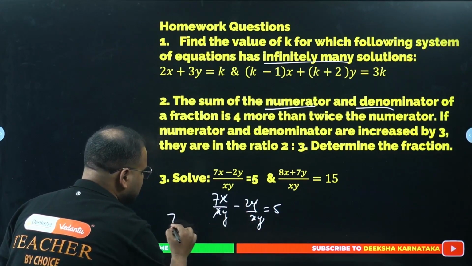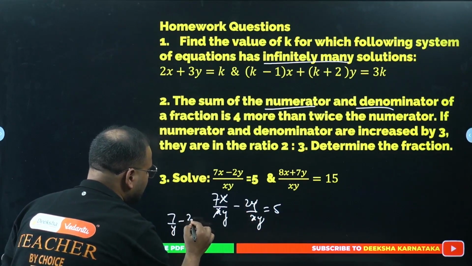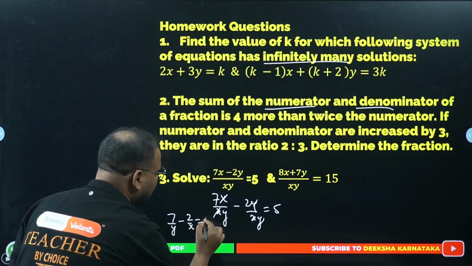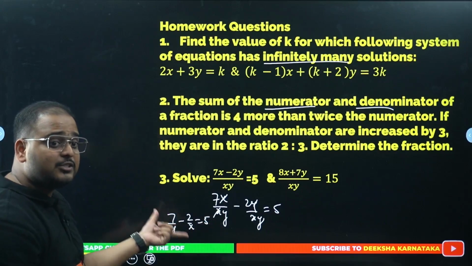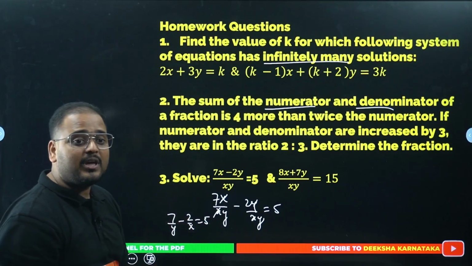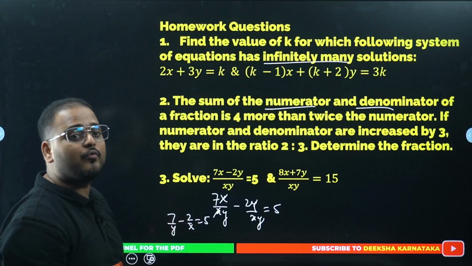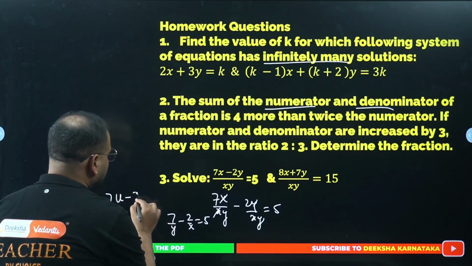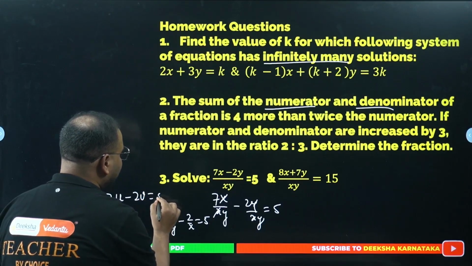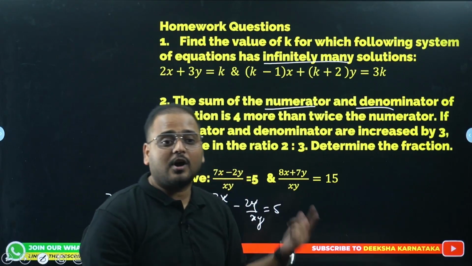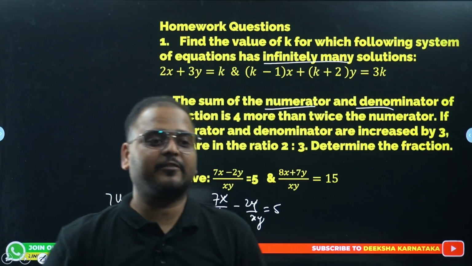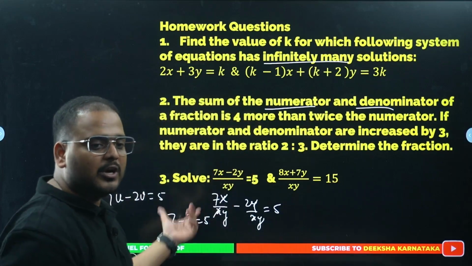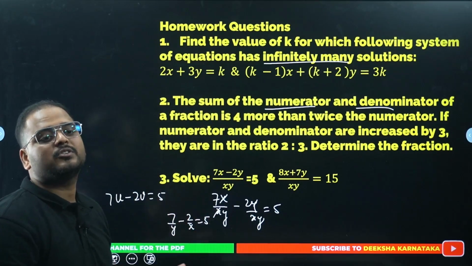This becomes 7 by y minus 2 by x equals 5. Take 1 by y as u, 1 by x as v. It becomes 7u minus 2v equal to 5. In the same way, simplify the other equation and solve for u and v. After getting u and v, put it back in terms of x and y and solve.